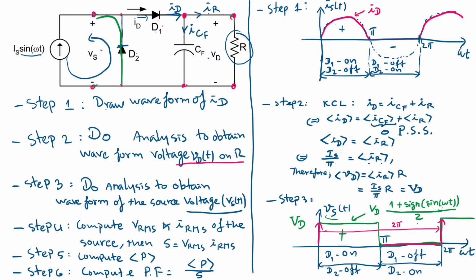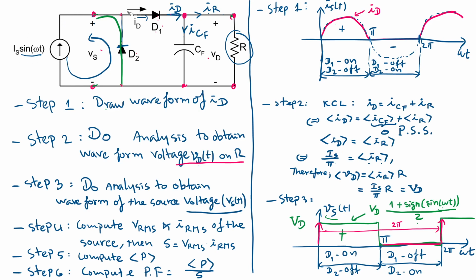So step 1, try to draw the waveform of current ID, which means the current going through D1. But by the way, let me first explain what happens in this circuit so that you understand why you need to find ID. Here you have a current source, so the current flowing from here has this waveform.